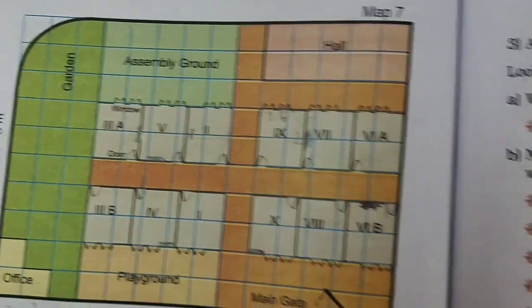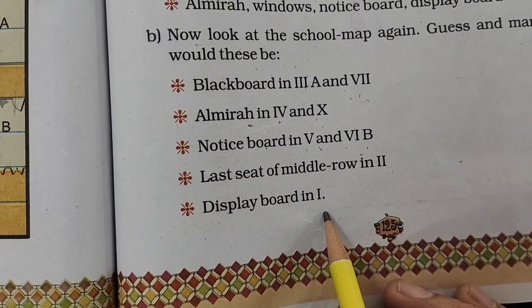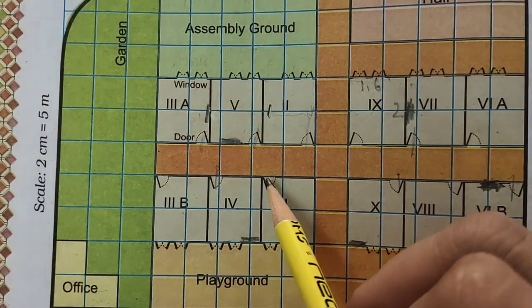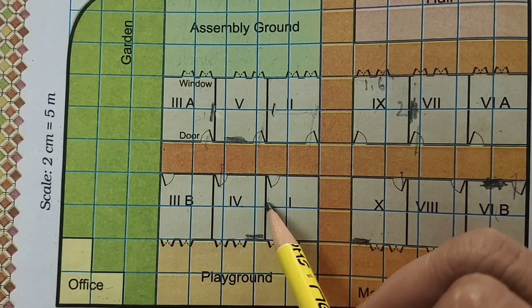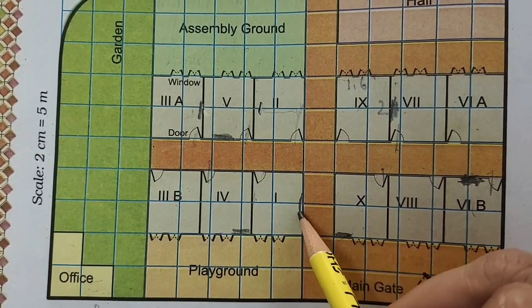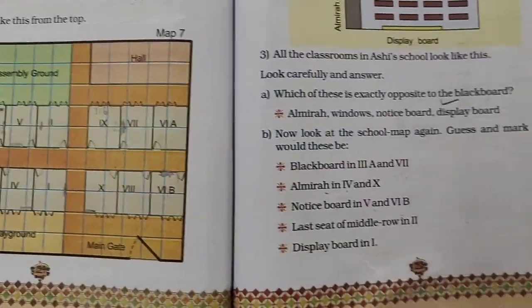Okay, I have marked it. Now display board in class 1. The display board is at the last. Here is the door, here will be the blackboard, and opposite to the blackboard will be the display board. Understood students? So you are supposed to mark it this way.